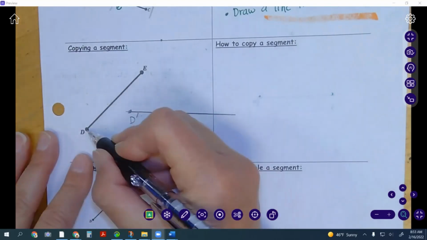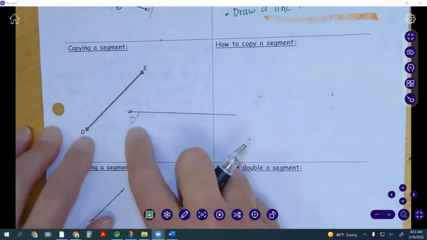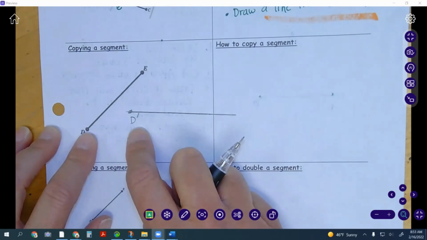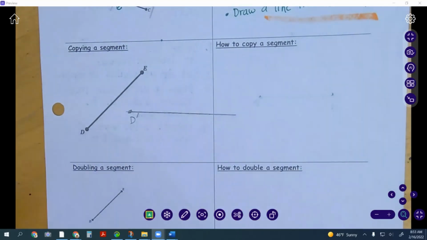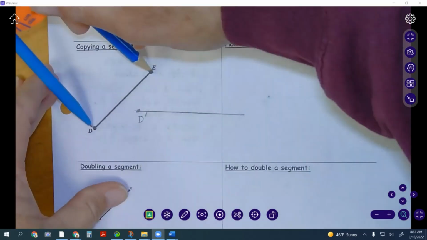So I am just drawing a line segment, and I'm just labeling D prime to represent the same as D, okay? Corresponding.